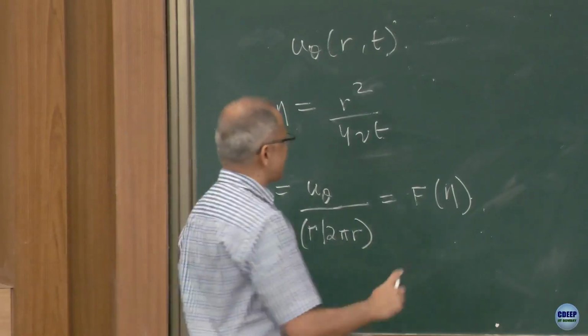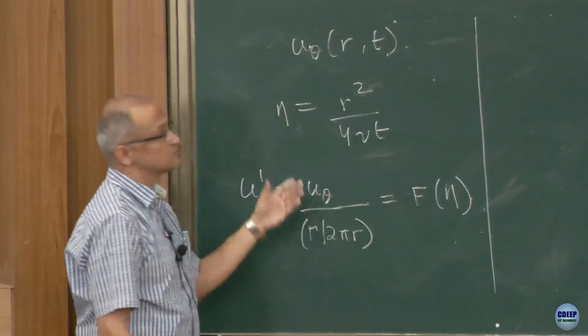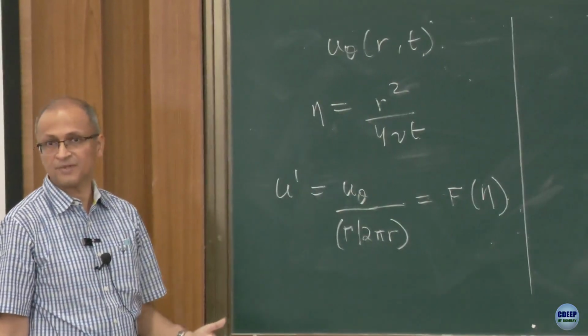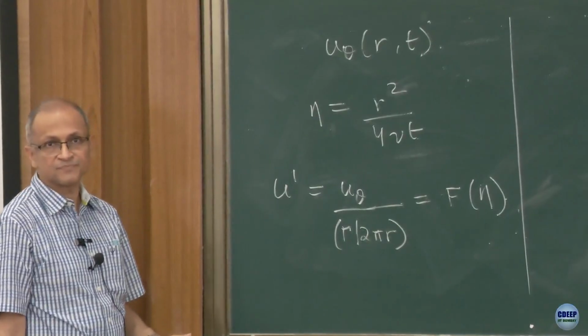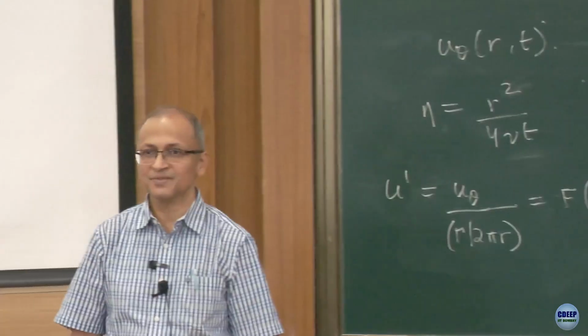So what is the next step? Once you have found the similarity variable, what is the next step? We have done it now, we are doing it the third time or maybe the fourth time.